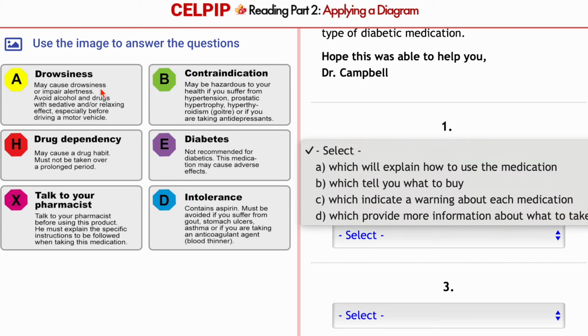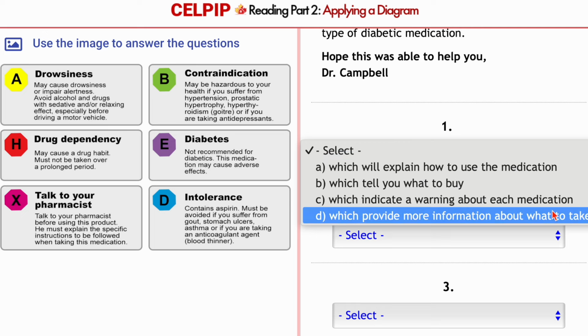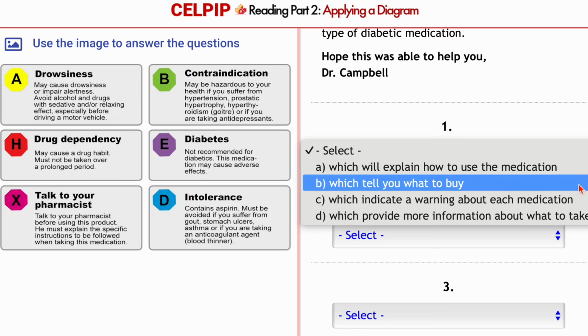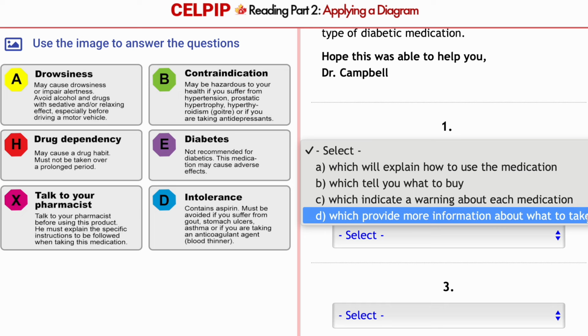So we see here drowsiness, drug dependency, talk to your pharmacist, not recommended. Okay, so which one is it? I can tell you that it's not which tell you what to buy. I don't think any of these tell us what to buy. It seems to tell us what to do. More information about what to take?